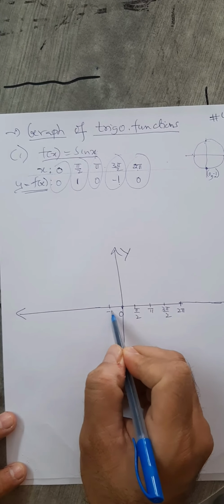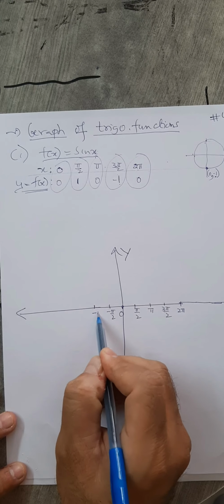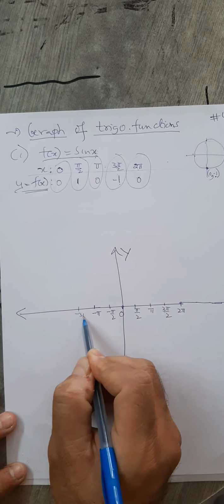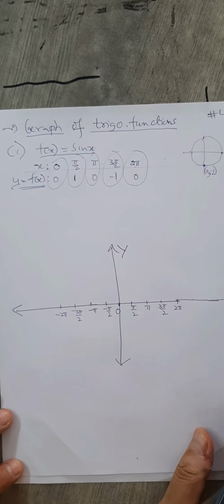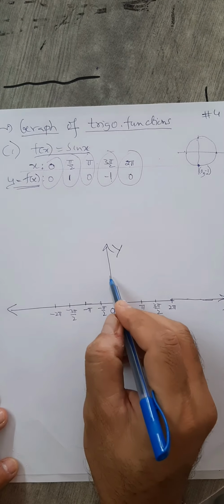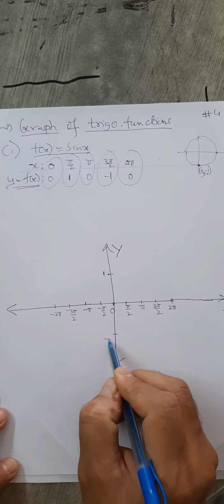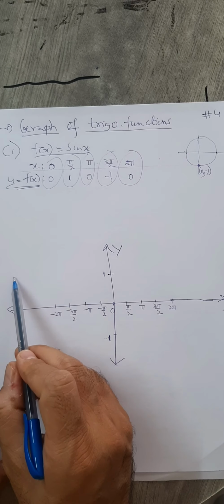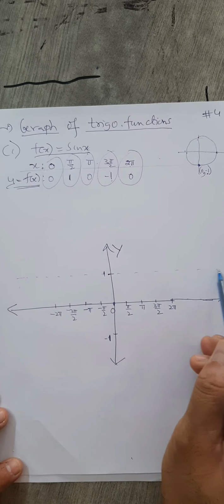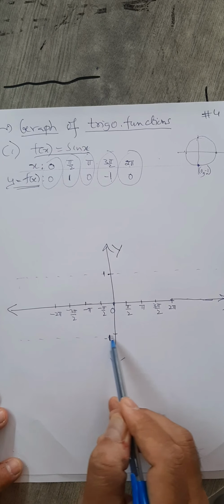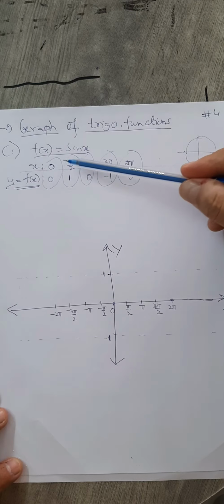Here I'll show minus pi by 2, that means you are moving clockwise, minus pi, minus 3 pi by 2, and minus 2 pi. You know that the maximum value of the sine function is 1. It will never go beyond 1. The minimum value is minus 1. So the graph will be in this strip only.